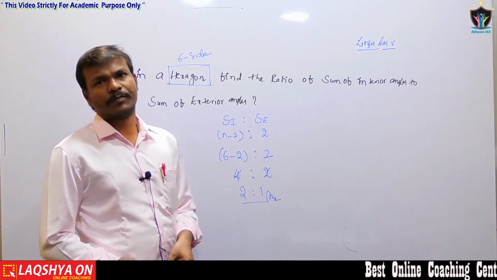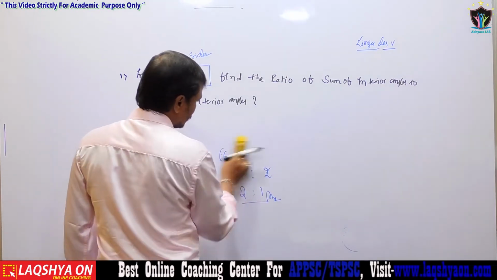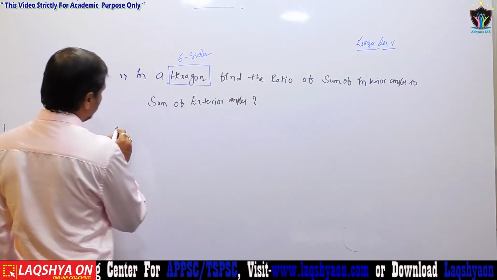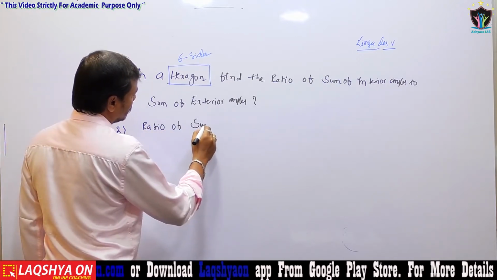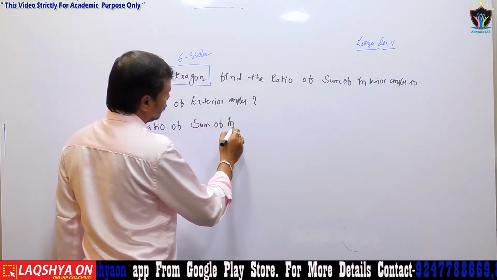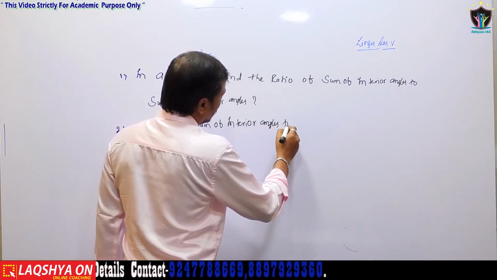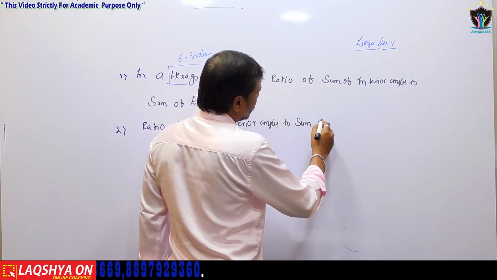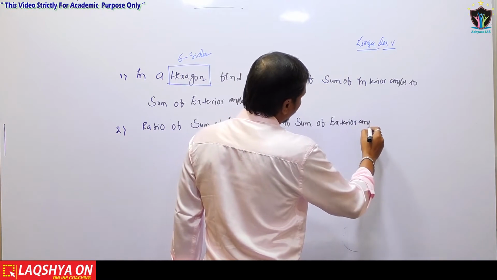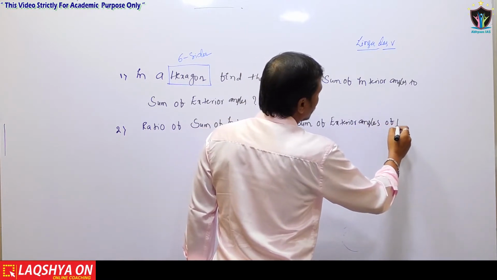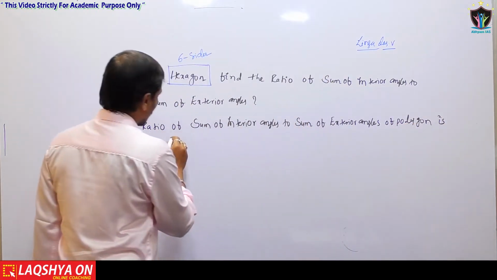From this concept, we can frame another question. The ratio of sum of interior angles to sum of exterior angles of a polygon is 2 is to 1.